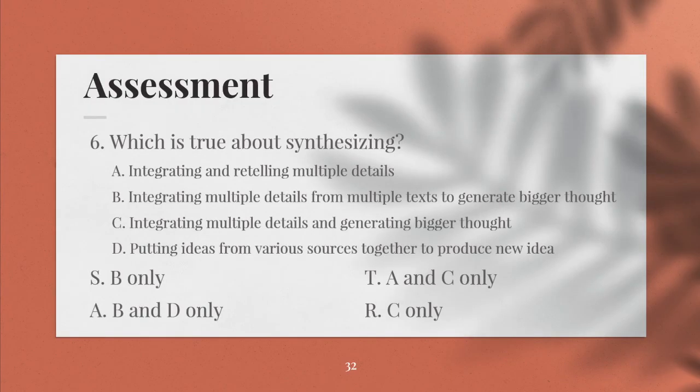6. Which is true about synthesizing? A. Integrating and retelling multiple details. B. Integrating multiple details from multiple texts to generate bigger thought. C. Integrating multiple details and generating bigger thought.